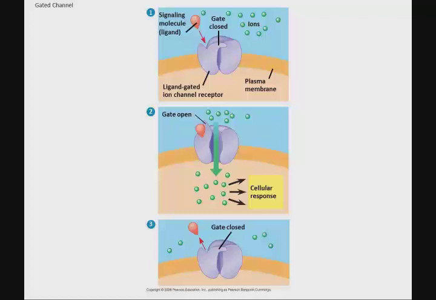So again, now I have my ligand on the outside of the cell that will bind to my ligand-gated ion channel and open it. And that influx of a particular ion, whatever it may be, is the signal that can activate other proteins or other components of the transduction cascade. So literally, ligand causes the channel to open. Things, in this case, move down their concentration gradient. That itself is the signal.